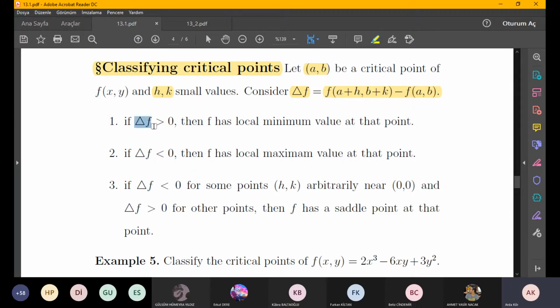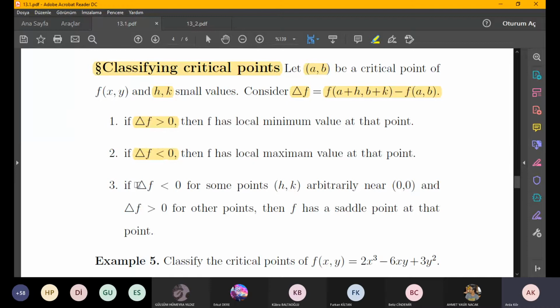and if delta f is greater than 0, then f has a local minimum value at point (a, b), and if delta f is smaller than 0, then f has a local maximum value at (a, b).